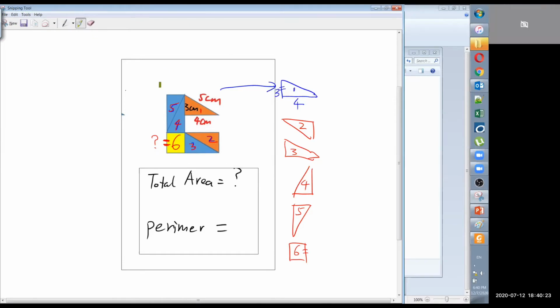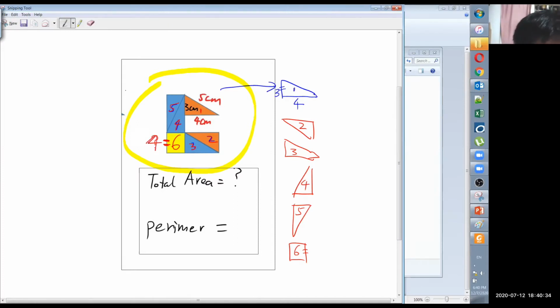You just look at this diagram. Any clue for you? 4. That means you are saying this is 4. Am I right?